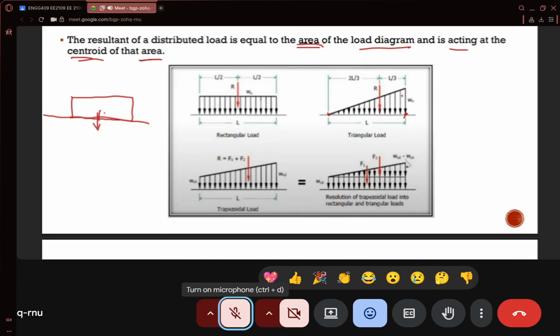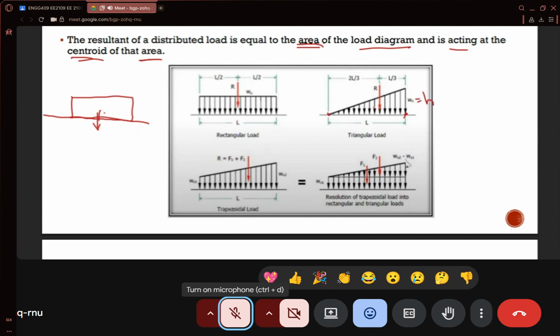But for you to have a better understanding and not get confused, the centroid for a triangular load like this one is as follows. You have your length, or your base, and your width here is your height also, right?